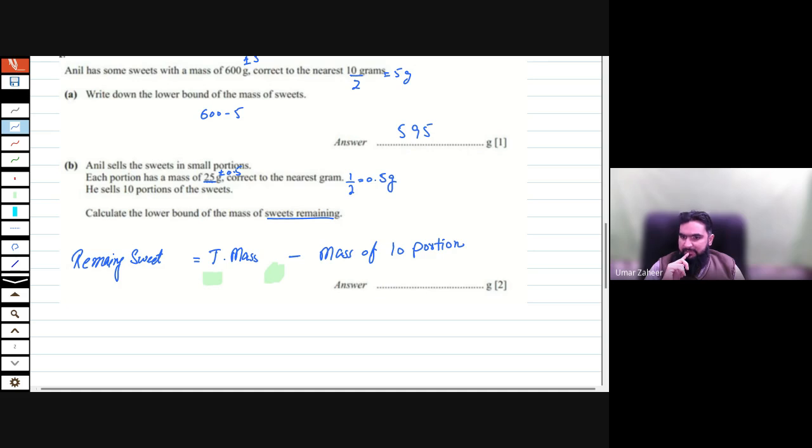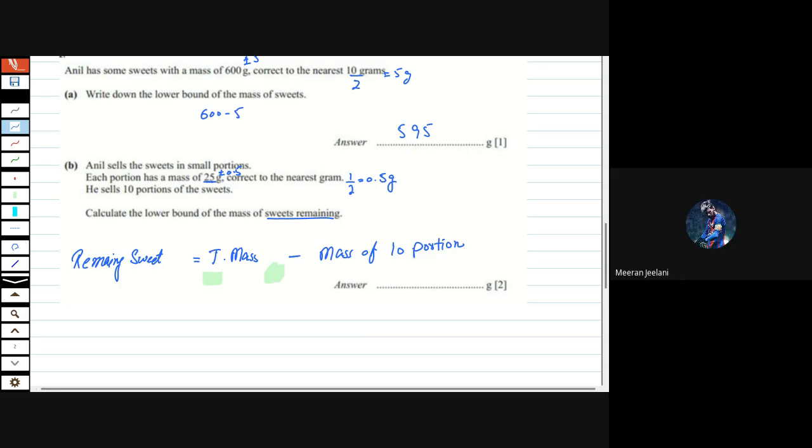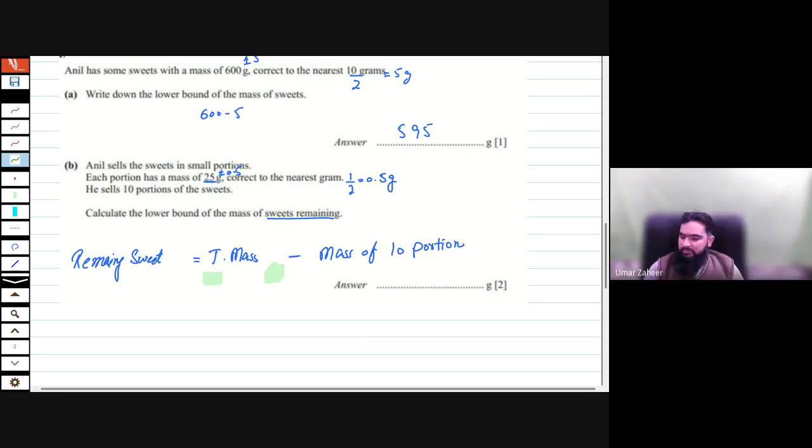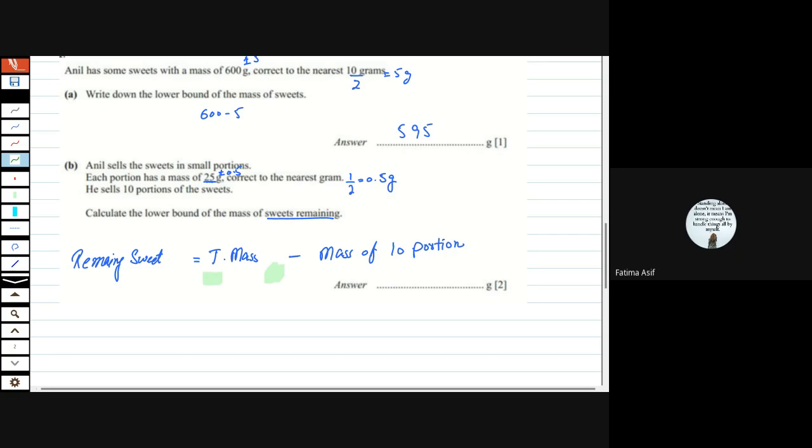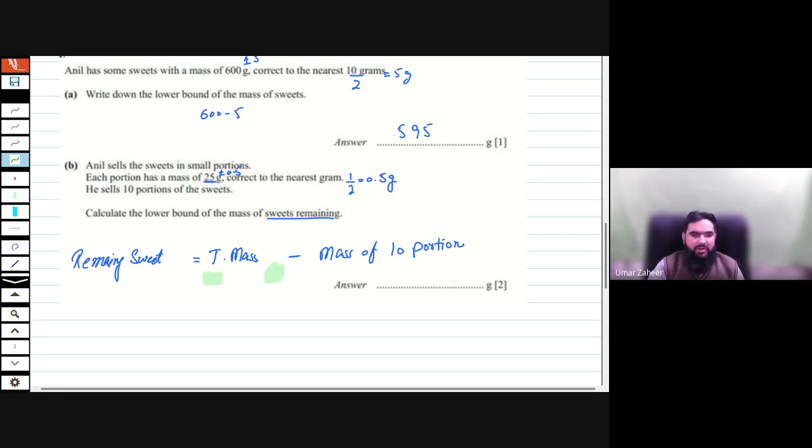Yes, sir. Now, if you look at it carefully, tell me, is it the case of addition, subtraction, multiplication, division? Subtraction. Clearly, subtraction. When you write a general formula, you get the idea. It is the case of subtraction, and we need to find the lower bound.